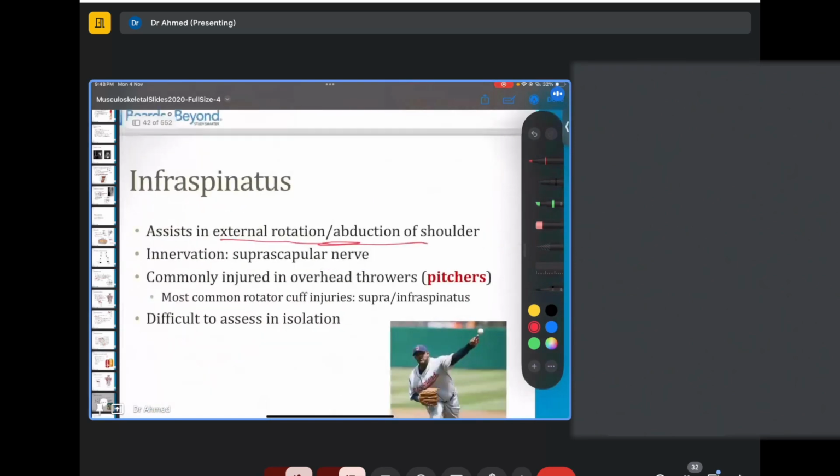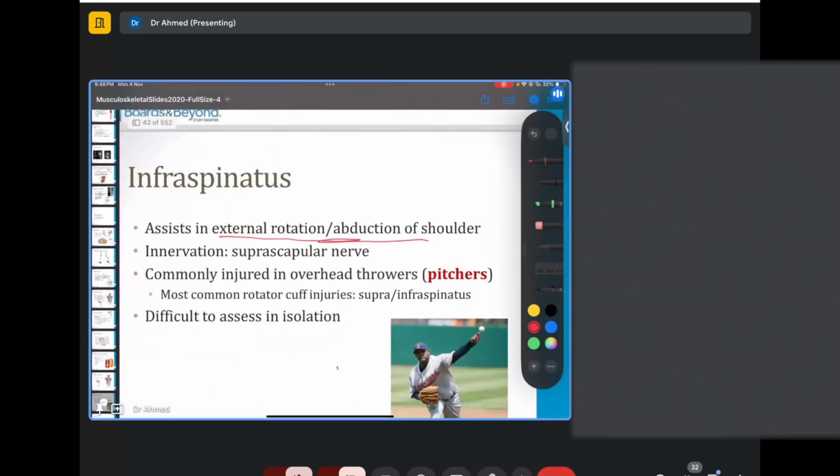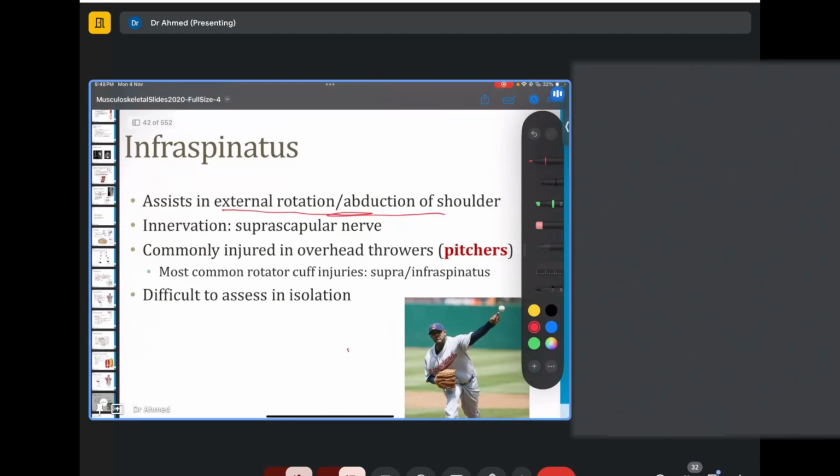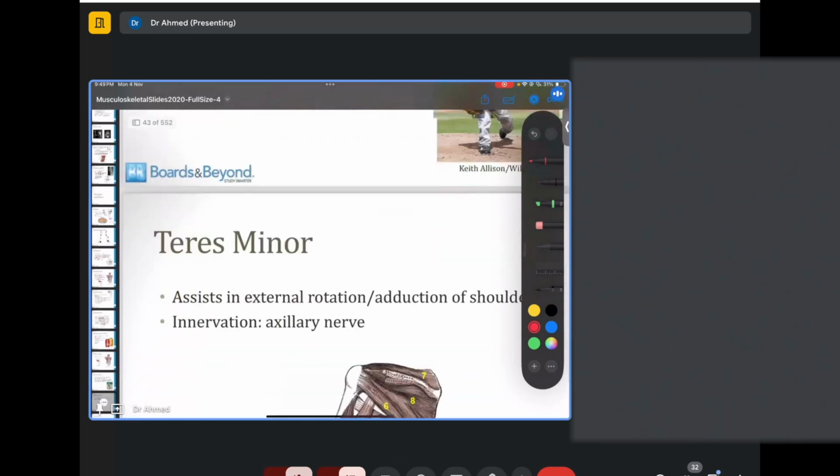This kind of injury to the infraspinatus is basically seen in overhead throwers, for example if he's throwing the ball, or pitchers. So it's very difficult to assess injury to your infraspinatus. You do not have a test like the empty can or full can test; you do not have an isolated test to see injury of the infraspinatus.